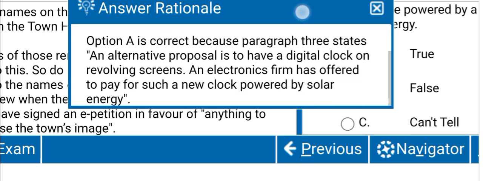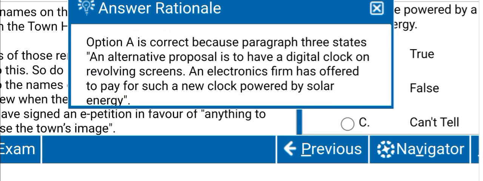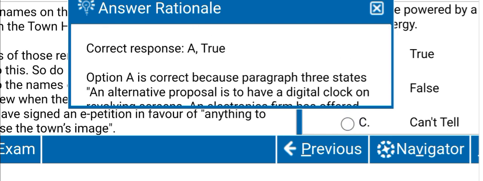Option A is correct because paragraph 3 states an alternative proposal is to have a digital clock on revolving screens. An electronics firm has offered to pay for such a new clock powered by solar energy.